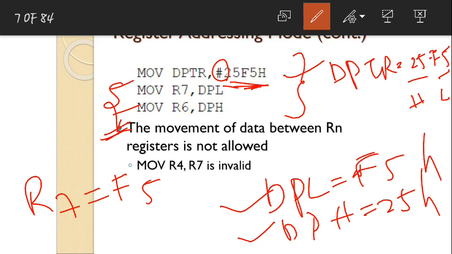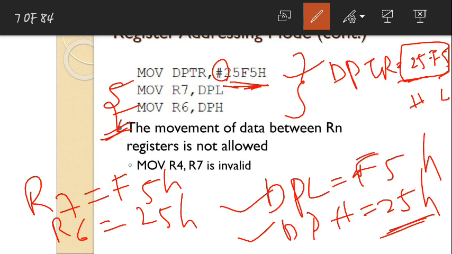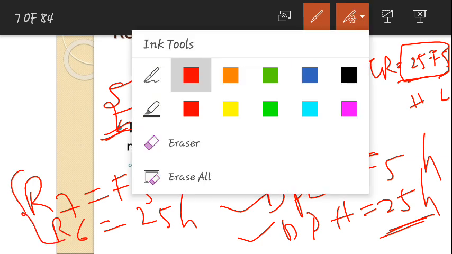Next, move R6 comma DPH means whatever is in DPH moves into R6. DPH has 25 hex, so R6 is 25. Now R7 and R6 together hold the DPTR value, which we moved into these two 8-bit registers.